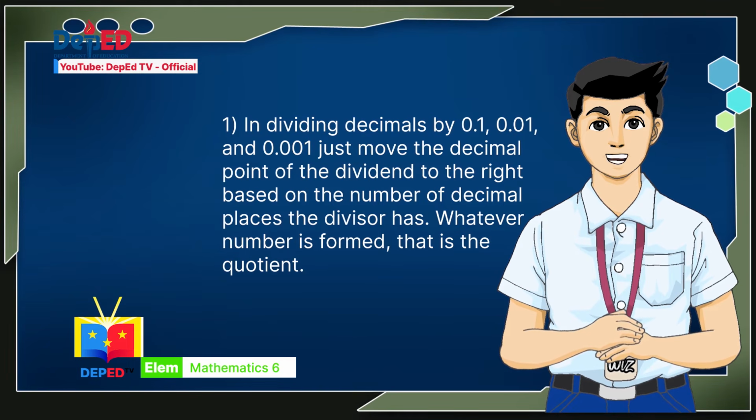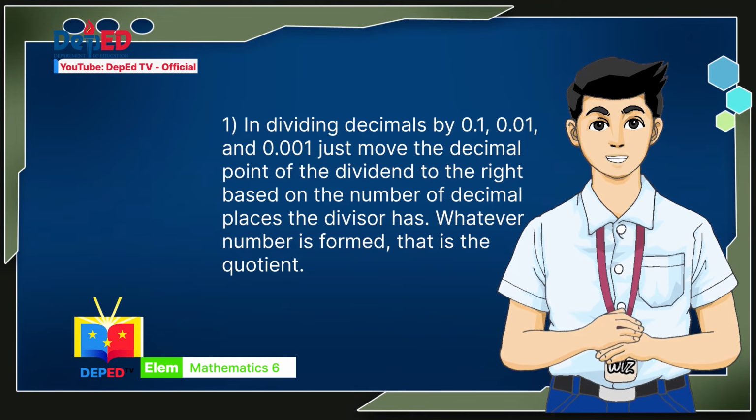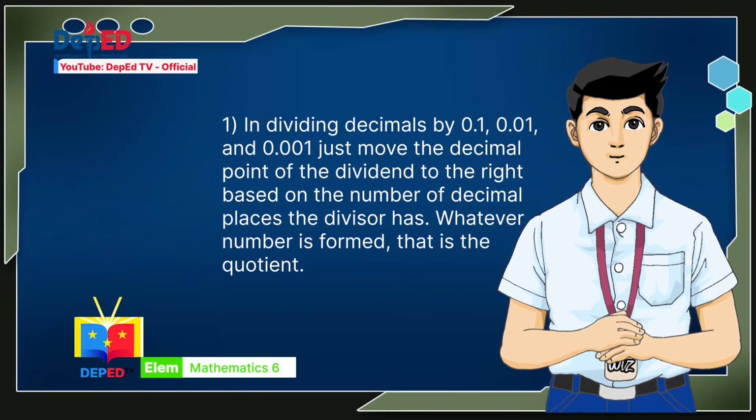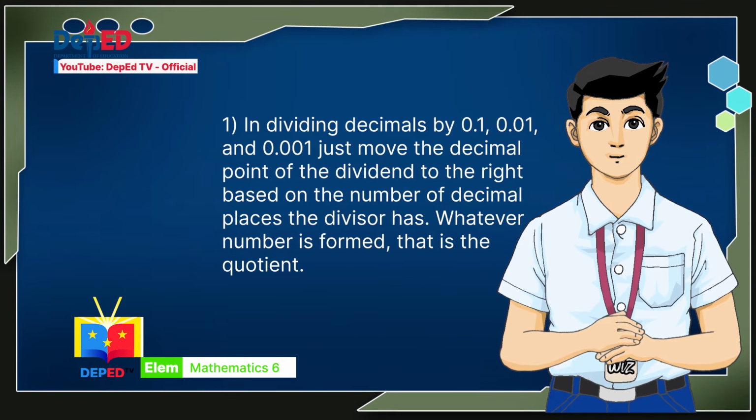Today, I learned 2 things. First, in dividing decimals by 1/10, 100th, and 1,000th, just move the decimal point of the dividend to the right based on the number of decimal places the divisor has. Whatever number is formed, that is the quotient.